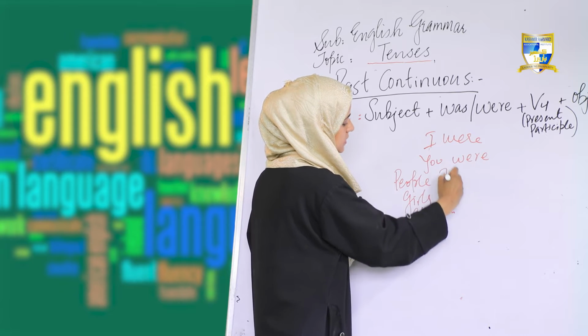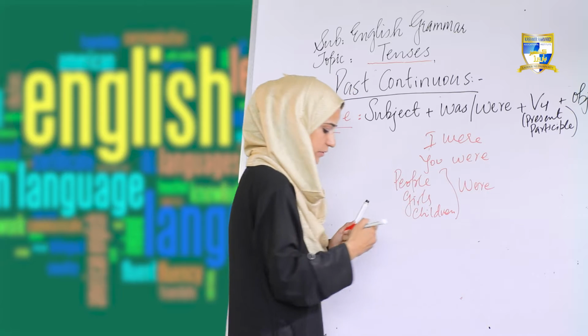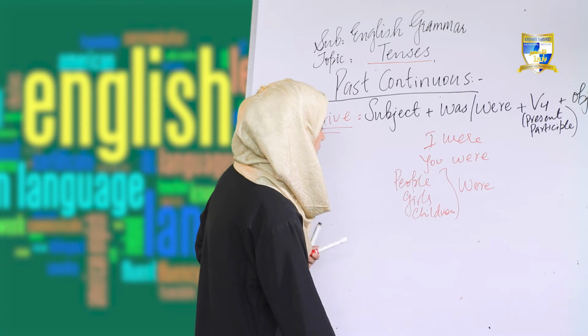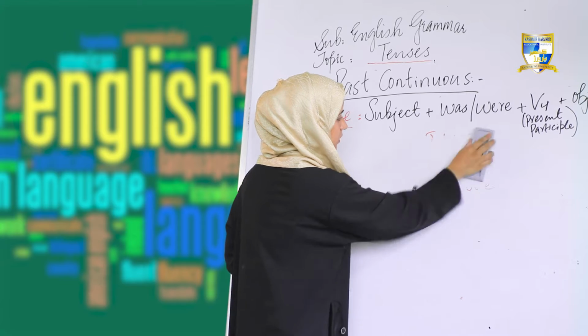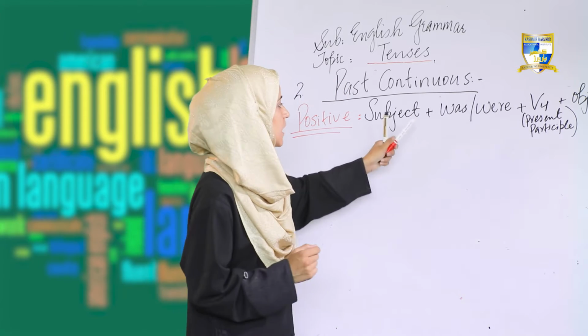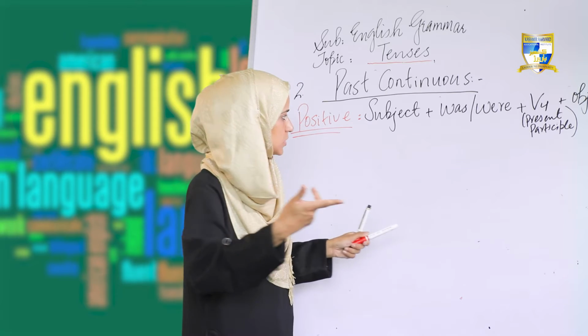These are all plural subjects. With these plural subjects we use were. Remember this thing. You cannot say "how was you", it's "how were you". So was is the auxiliary used with a singular subject, and were with plural subjects and second person you.